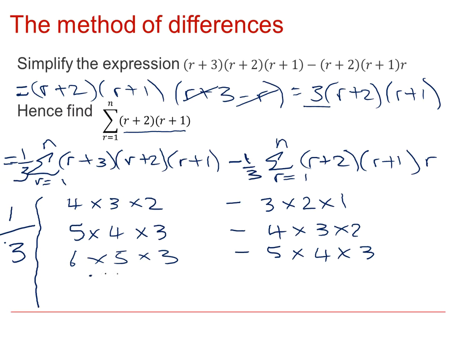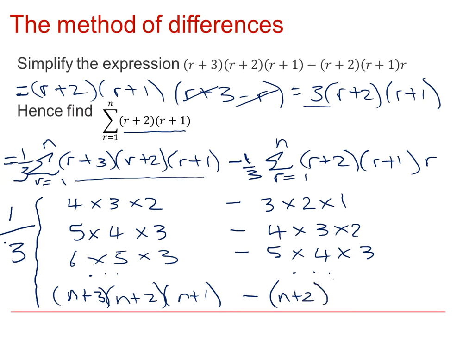And so on. So these are the terms from this expression up here. And then these are obviously the ones we're subtracting from the method of differences. The last term would be n plus 3, n plus 2, n plus 1. And then we'd have our n plus 2, n plus 1, n.